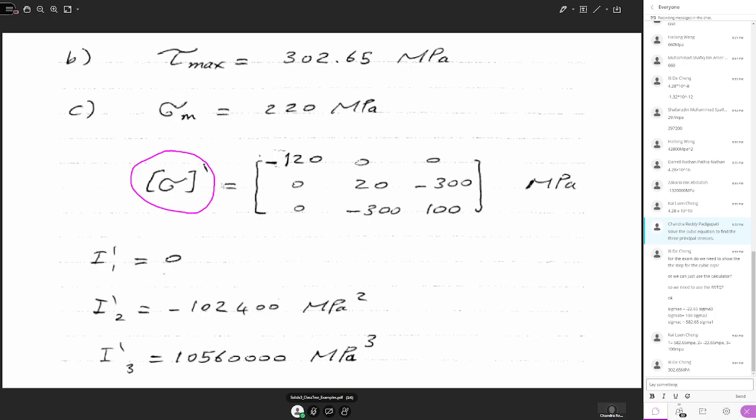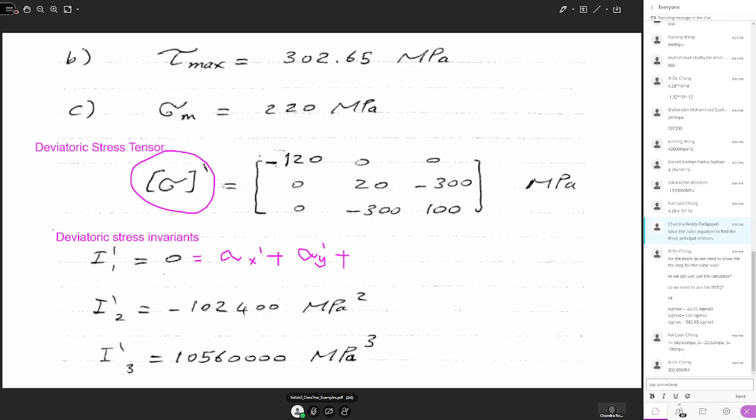Right? So once you know deviatoric stress tensor, then you can calculate the deviatoric stress invariance. So I1 dash means we can simply write sigma x dash plus sigma y dash, so the three deviatoric stresses, plus sigma z dash.